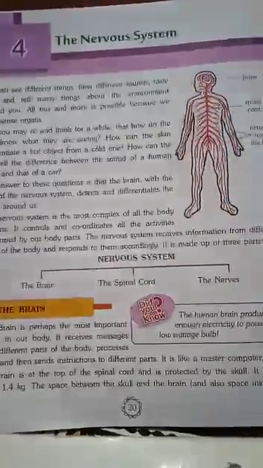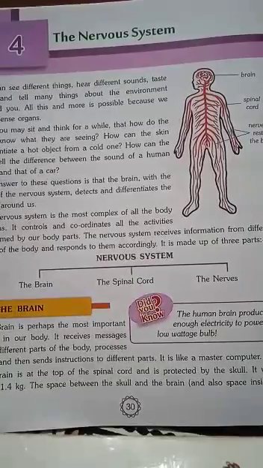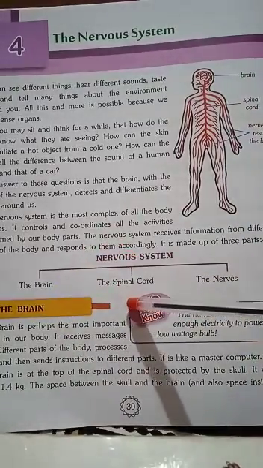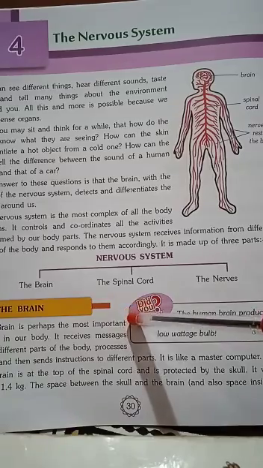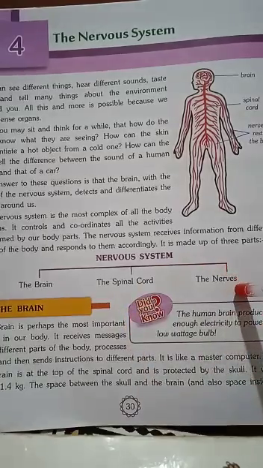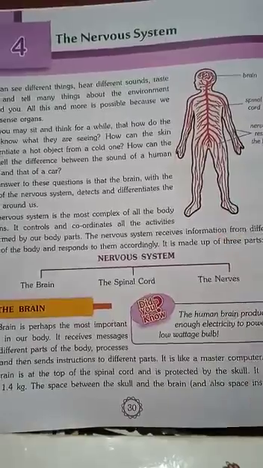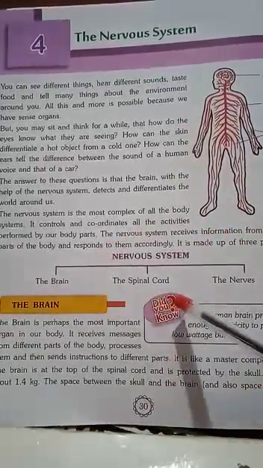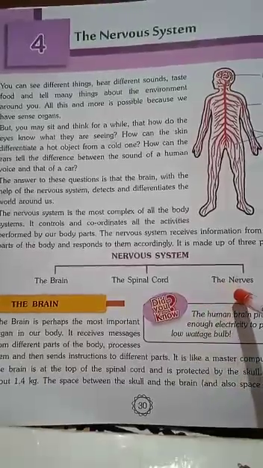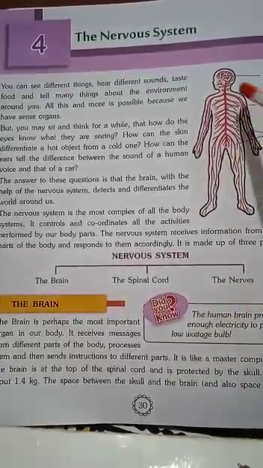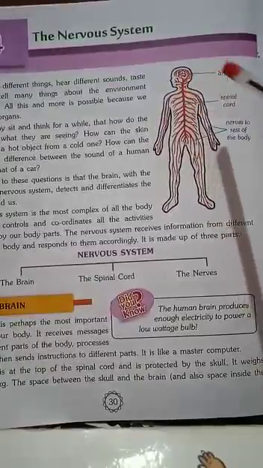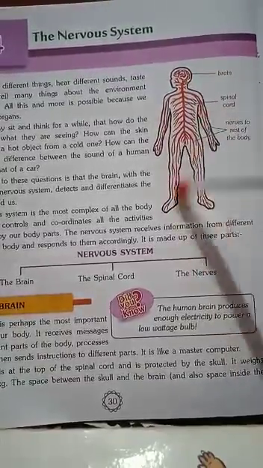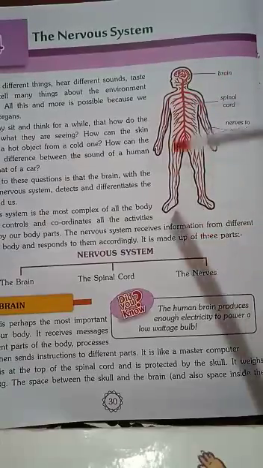See here, students, there are three parts. The first part is the brain, the second part is the spinal cord, and the third part is the nerves. They are the three parts: the brain, the spinal cord, and the nerves. We will study these parts one by one.